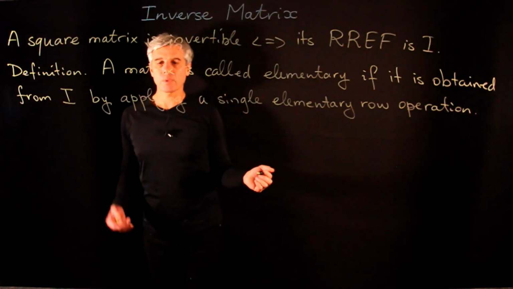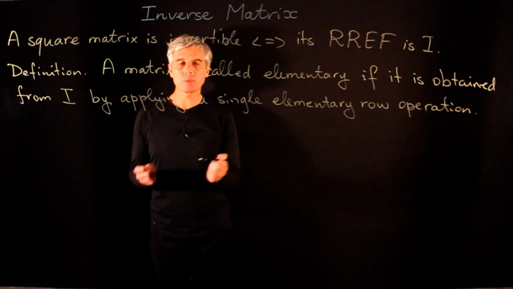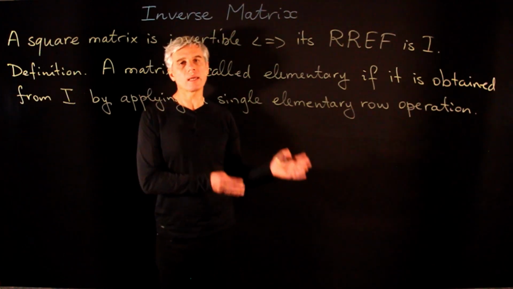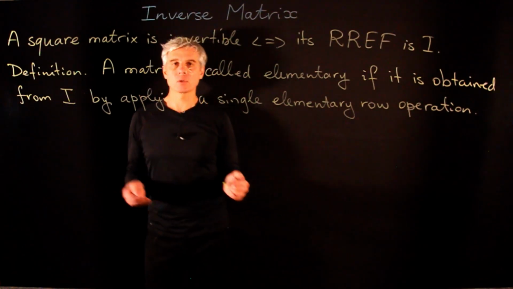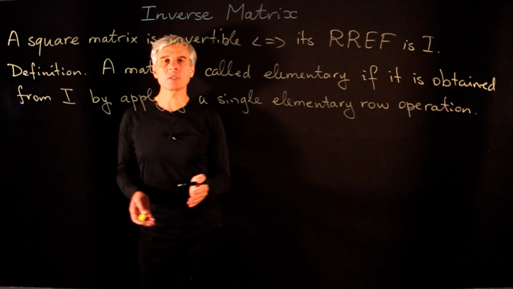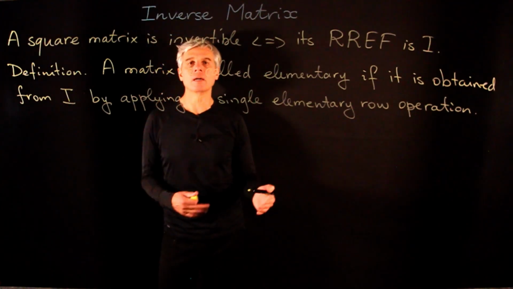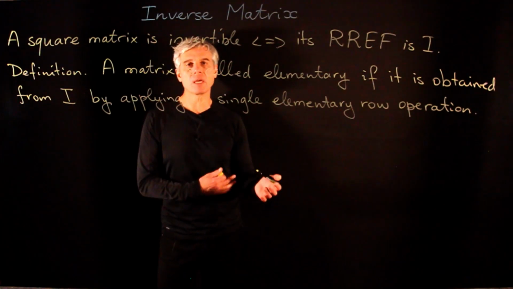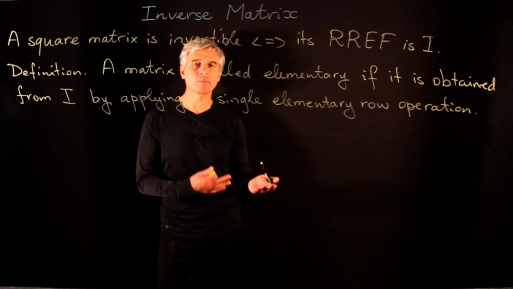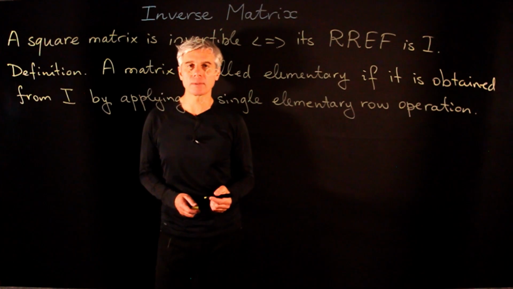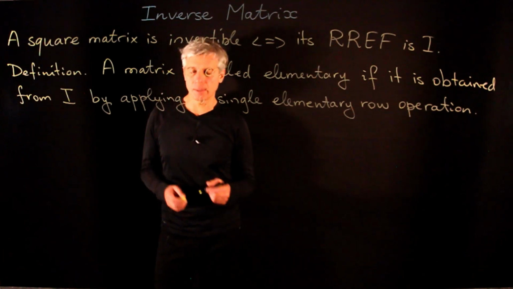So thus, we obtained a correspondence between elementary row operations and elementary matrices. To each elementary row operation, we associate one elementary matrix, which is obtained from identity matrix by applying that particular elementary row operation. Let us look at some examples.